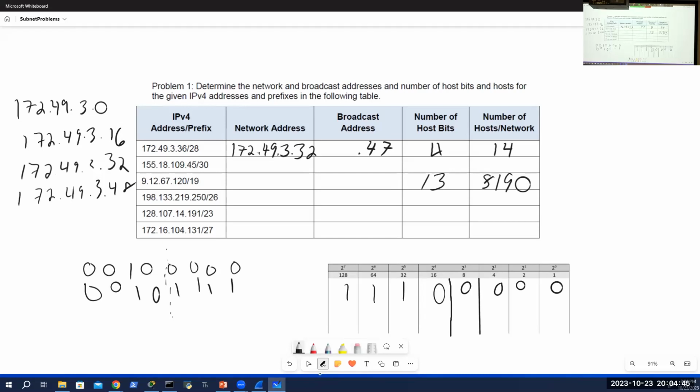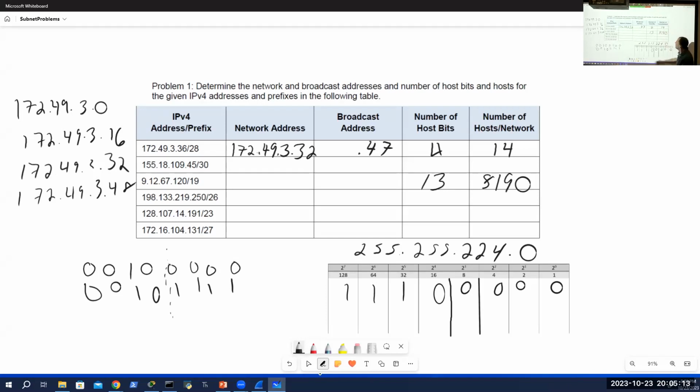In binary that's what our subnet mask looks like in the third octet. So we end up with a /19, 255.255.224.0. So that 8,000, you're going 2 to the 13th power? Yep, 2 to the 13th power to get 8,192 and subtract the 2.